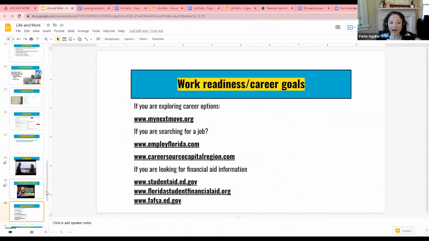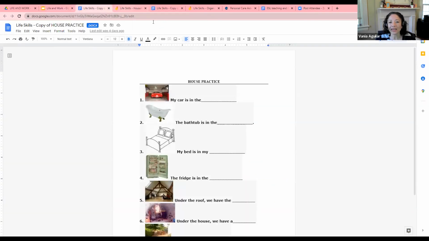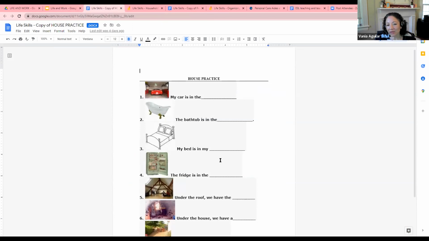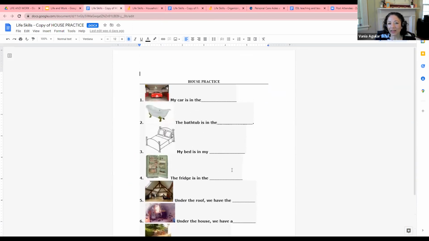Okay, so I'm not going to cover absolutely all of that because you actually have the resource there. I mentioned to you earlier that I have all of these different handouts. I shared one with you already. This is something I mentioned to you that I like to use a lot of pictures, especially for the beginner students.